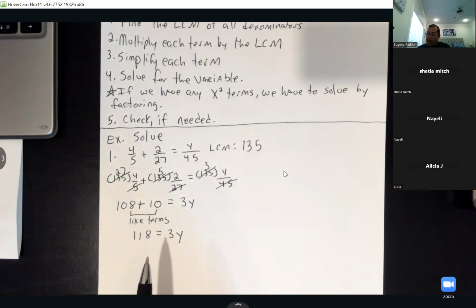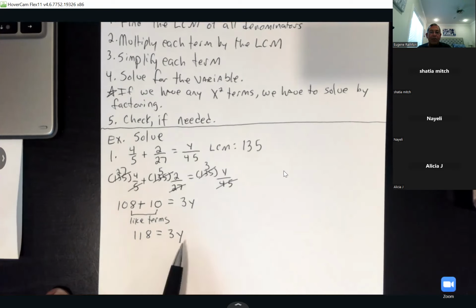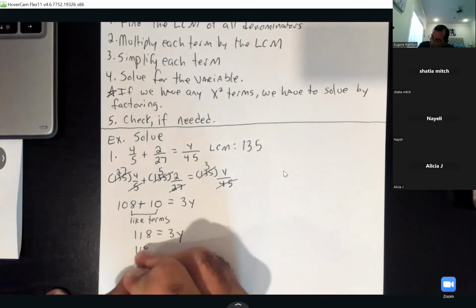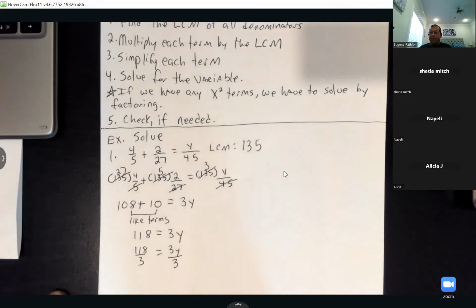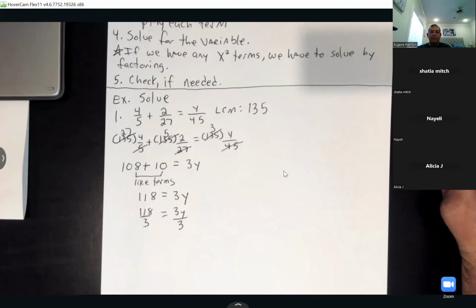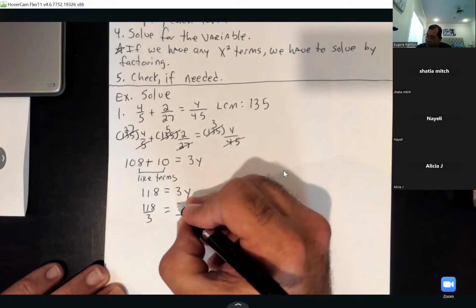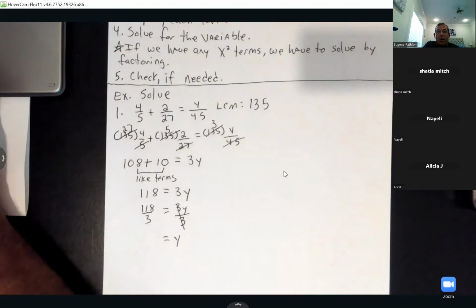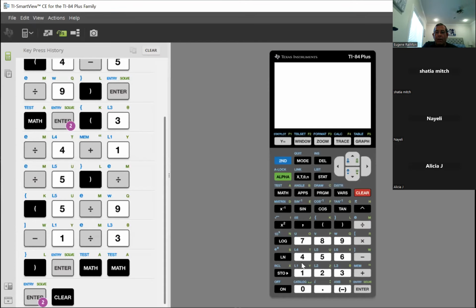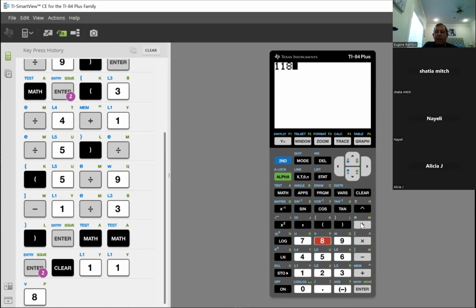All right, y'all, then our last step, divide both sides by the 3. So we have 118 divided by 3 equals 3y divided by 3. On the right side, the 3's cancel, we get our y. So let's see if we can reduce that 118 over 3. I'm going to go to the calculator and do 118 divided by 3.